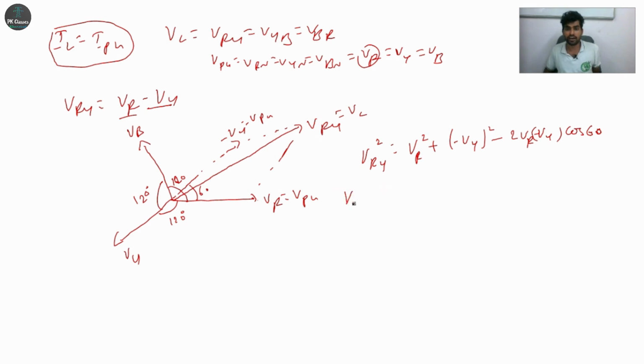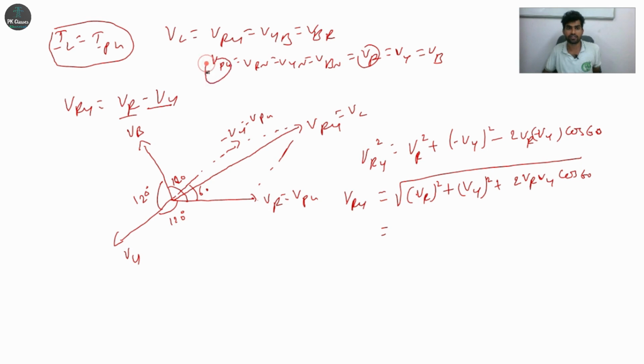So VRY is equal to the root of VR square, as it is, plus VY square, minus 2 into minus, which gives plus, VR VY cos 60, right? I'll substitute VR as V phase, and VRY as VL.